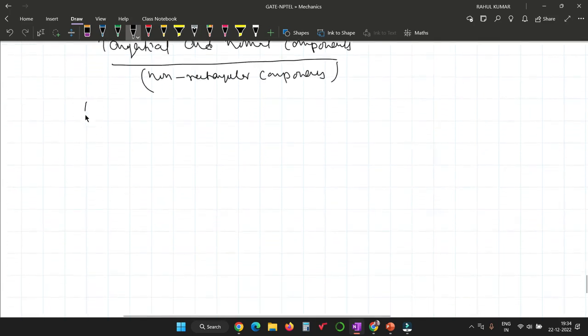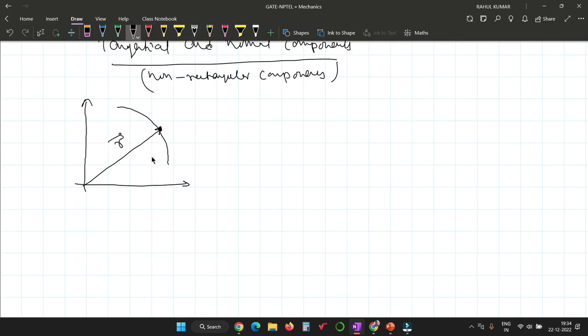Suppose there is a coordinate axis, and in the coordinate axis there is a path where the position of the particle at point P has position vector r. In the tangential direction, definitely it is the direction of velocity, right? And the velocity direction is nothing but e_t, a unit vector in the tangential direction.